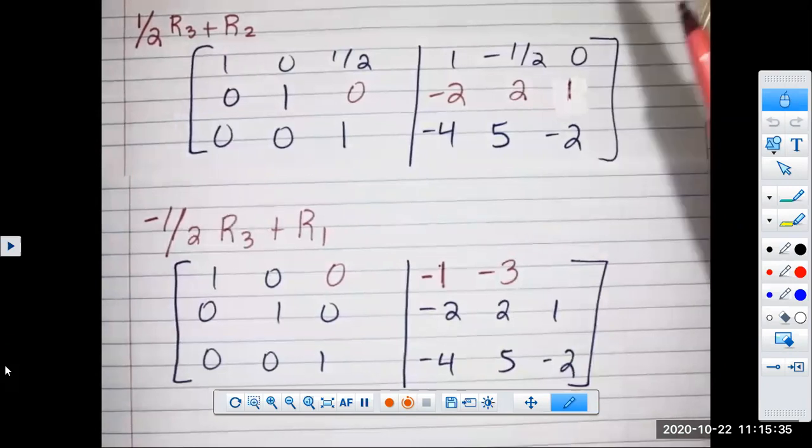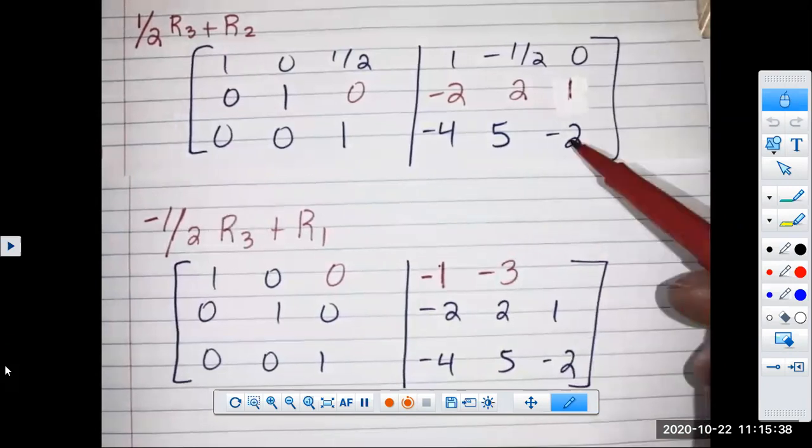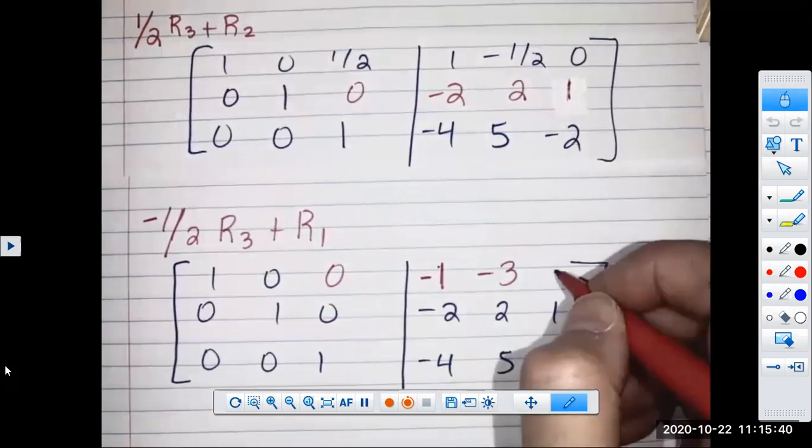And finally, -1/2 times -2 is +1 plus 0 is 1.